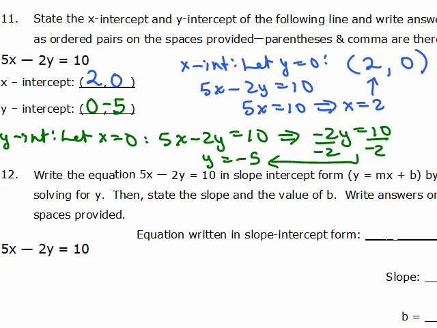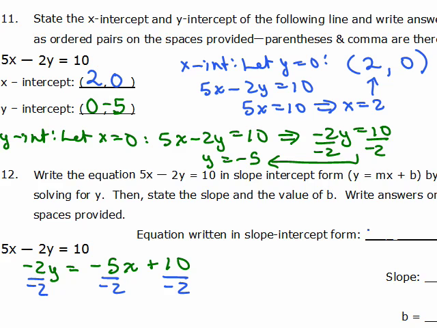Number 12, write the equation 5x minus 2y equals 10, same exact problem as number 11, in slope-intercept form by solving for y. So we want to subtract 5x from both sides. And then divide by the coefficient of y, which is negative 2.